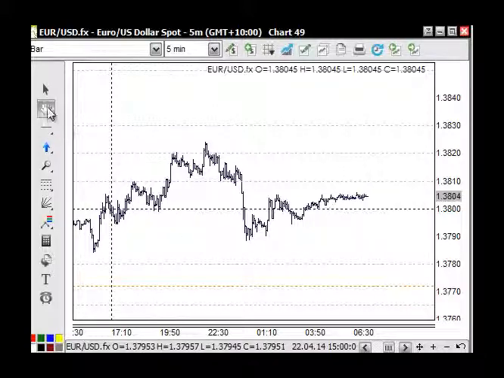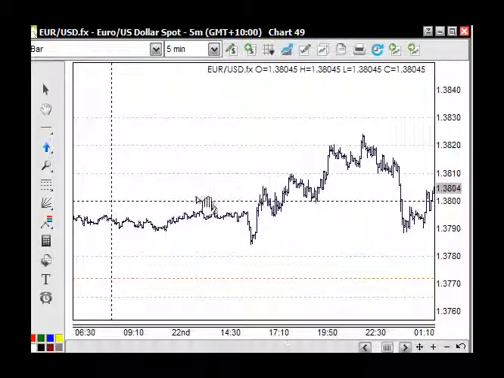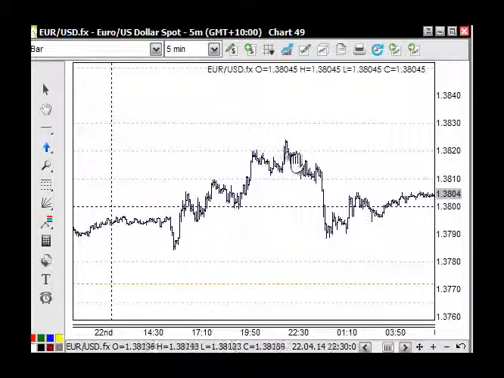Now, this particular pattern that we've had over the last few sessions, this particular pattern through here, it counts better as an ABC, which would be the A wave, the B wave, and then 1, 2, 3, 4, 5 for the C wave here. So this appears to be corrective, but this is also corrective as well, for a bullish corrective pattern.